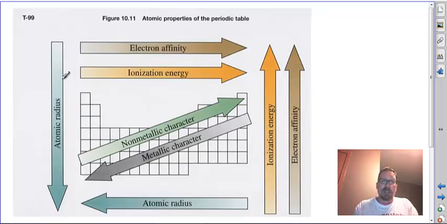But there's other trends like atomic radius. Atoms get larger as they go down, but they also go from small to large, left to right. Ionization energy and electron affinity or electronegativity is more that we're going to look at. Are things that talk about how easy is it, how much do they want electrons, or how hard is it to take an electron away. And again, that just starts speaking to their ability to react and what properties they have.